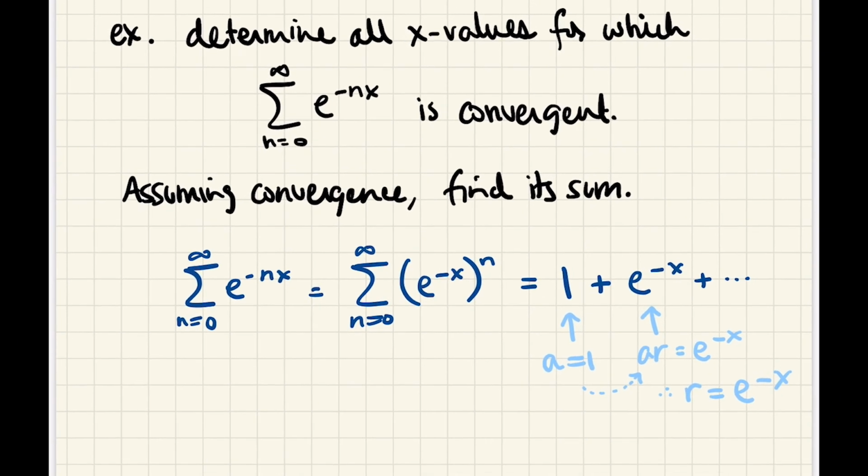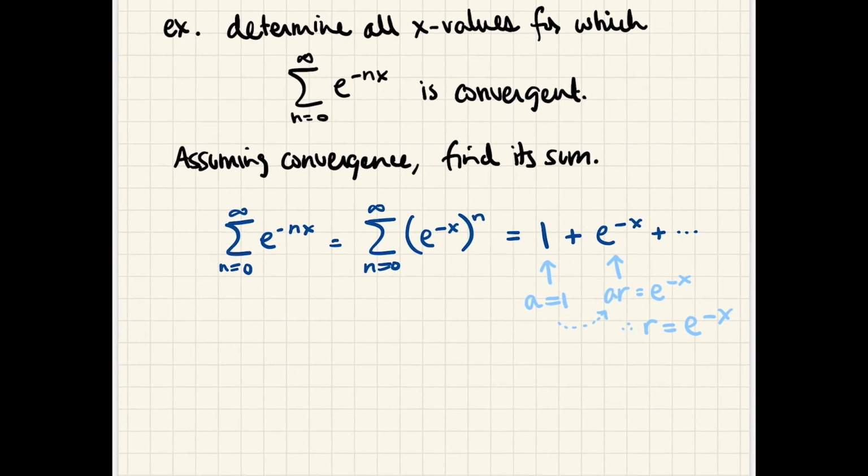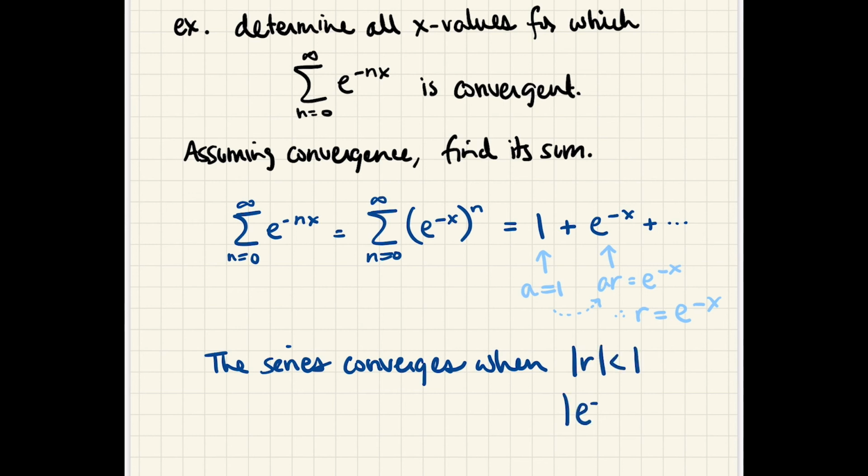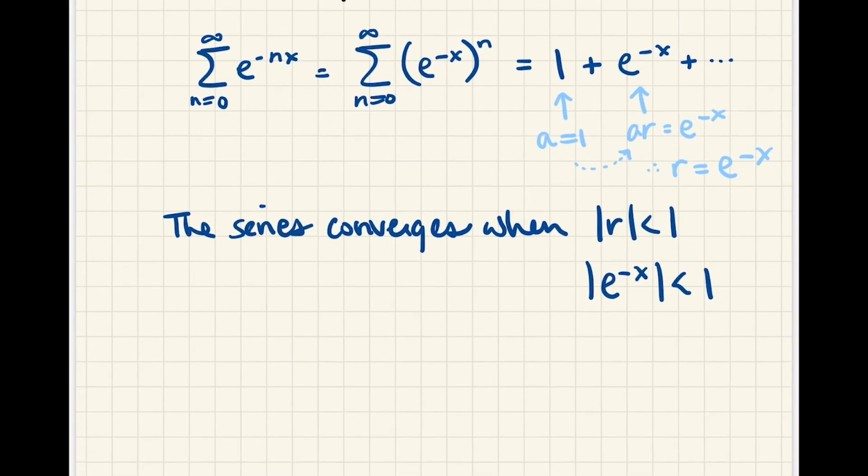Okay, so in order to answer the question, determine the x values, we're going to set the conditions up for convergence here. So we know that the series converges when the absolute value of r is strictly less than 1. So that would be the absolute value of e to the negative x being strictly less than 1.